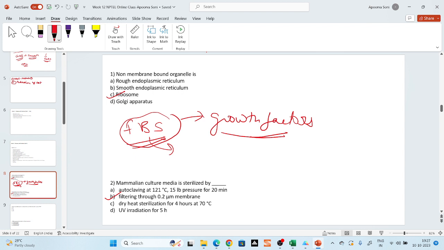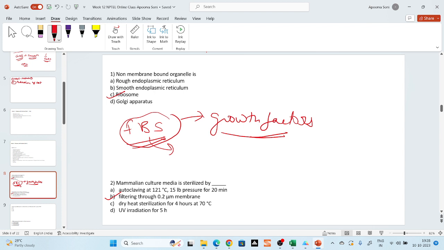Also, one important thing which you should know is that when you are using FBS, depending upon the kind of usage and the kind of work, you can heat inactivate it. I think you have also read it, and I think sir has also taught that you can heat inactivate it.